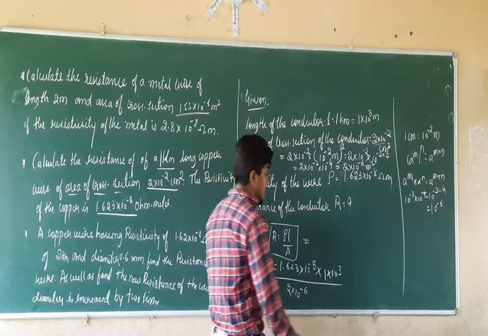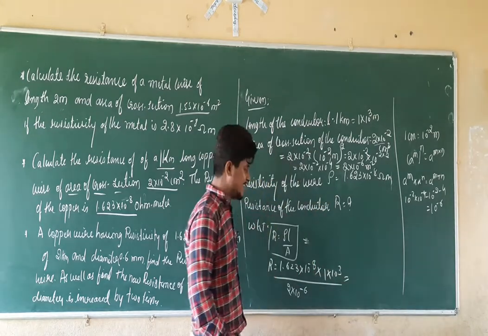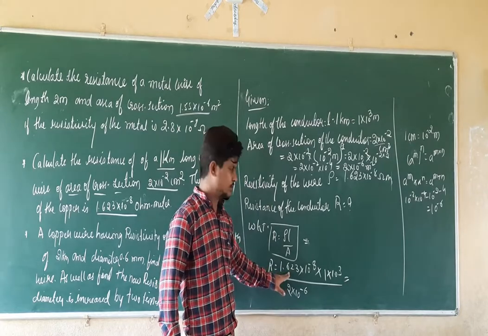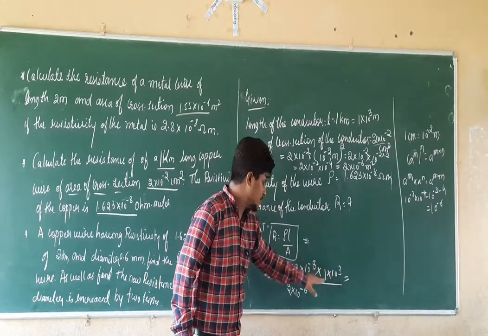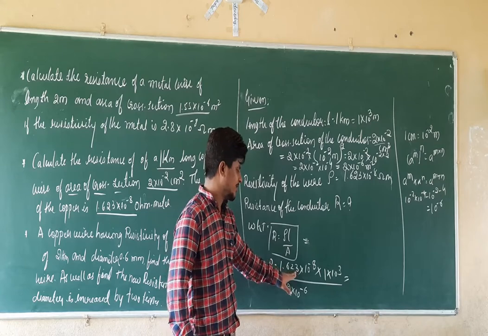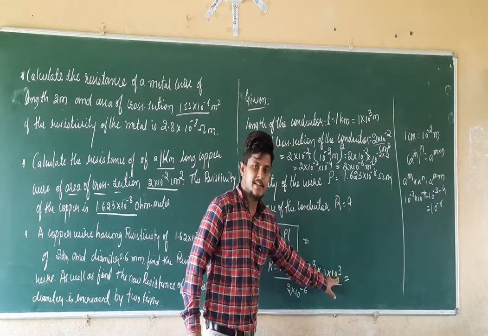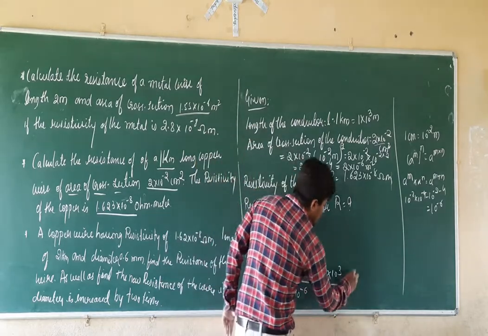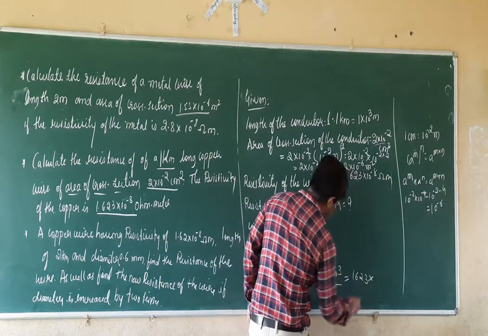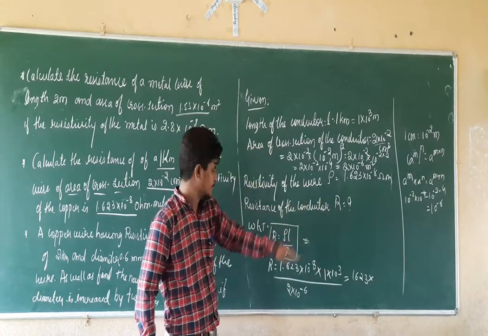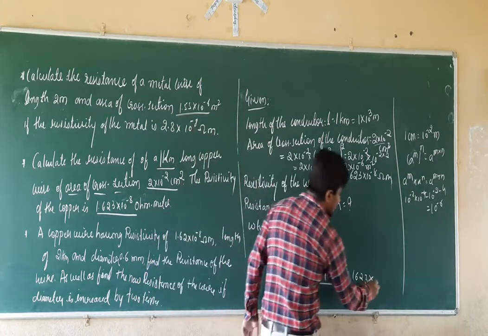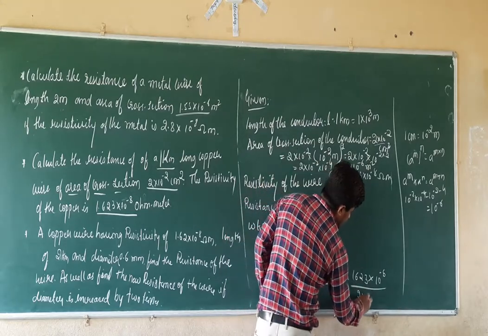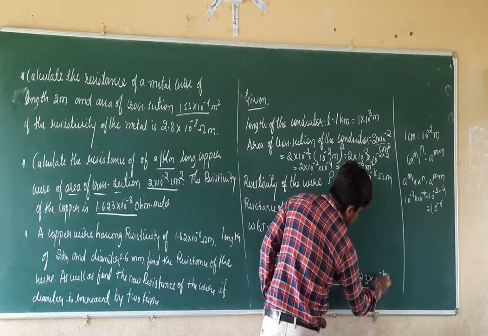So if you multiply 1.623 by 10 it becomes 16.23, by 10 square it becomes 162.3, and by 10 cube it becomes 1623. So it will be 1623, with the 10 raised to 3 gone. Remaining is 10 raised to minus 8, whole divided by 2 into 10 raised to minus 6.